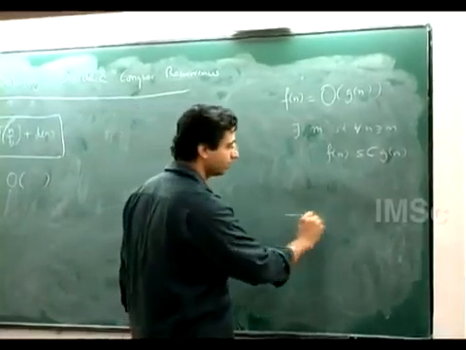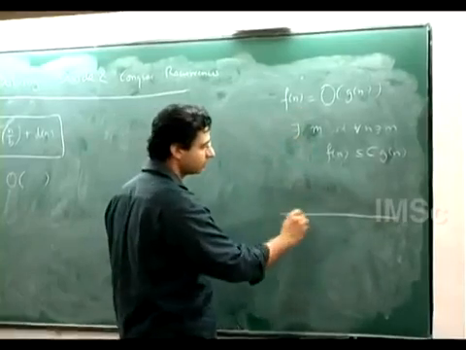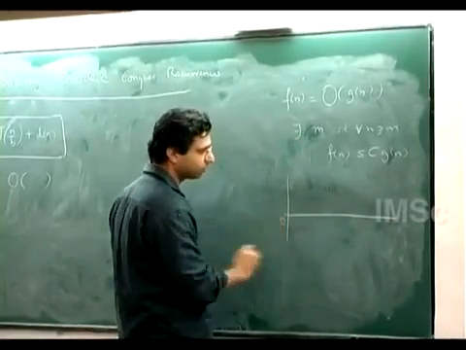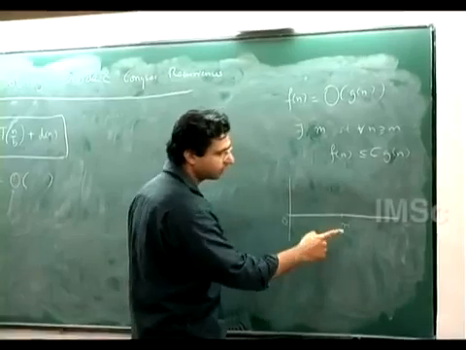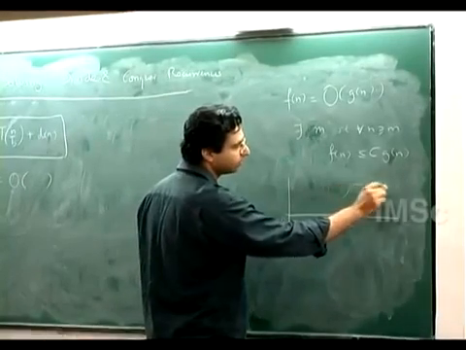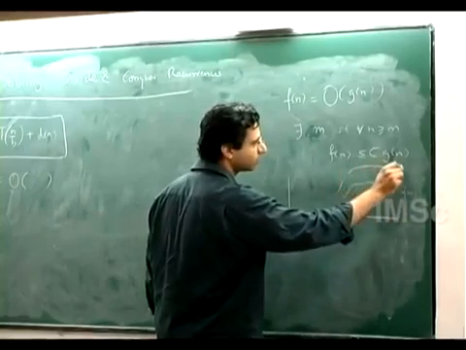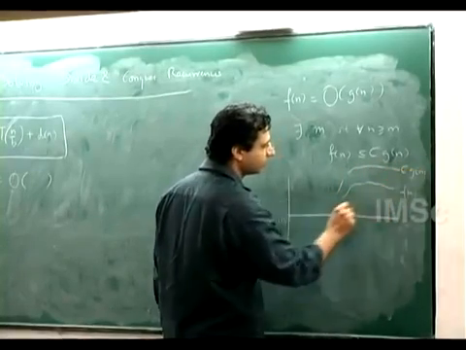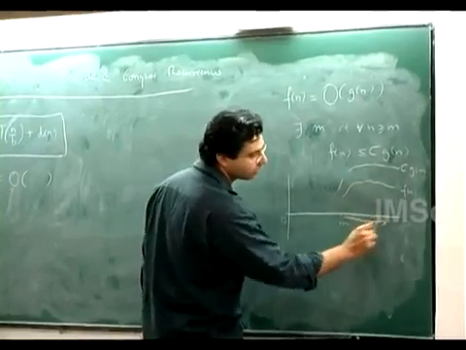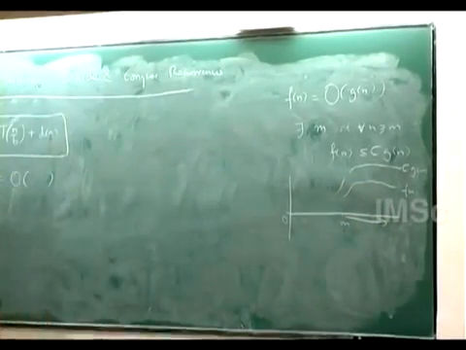If you draw the graph of these two functions, with this as the origin, there is some number m such that beyond it, some constant times g of n is greater than f of n.